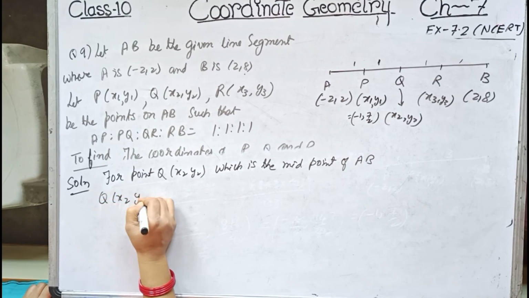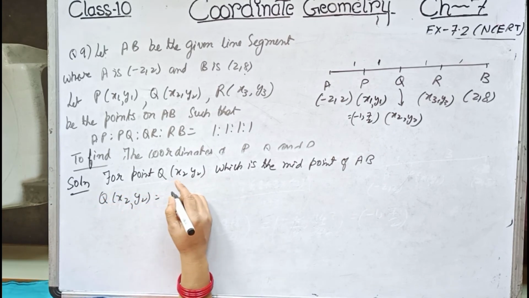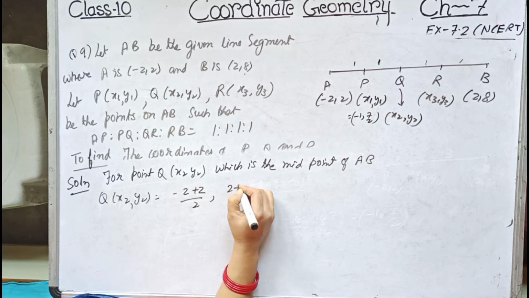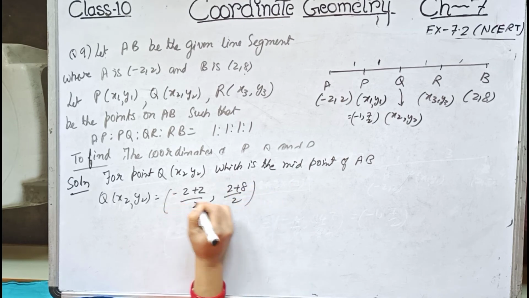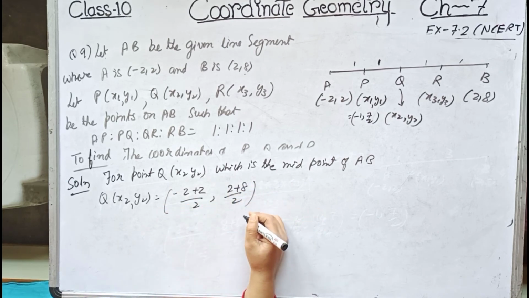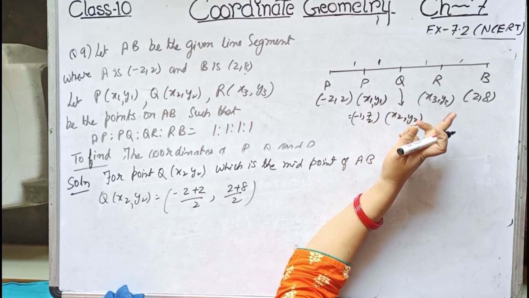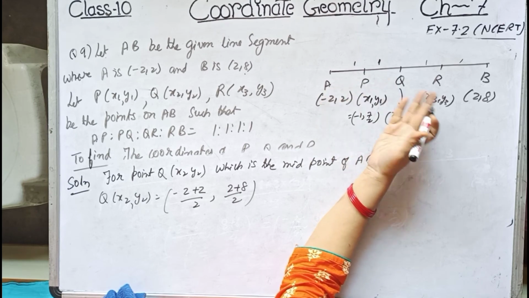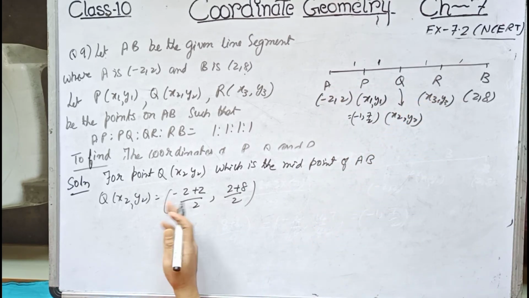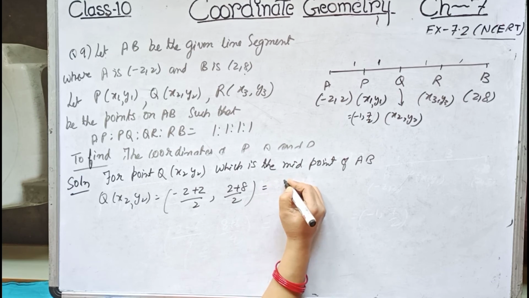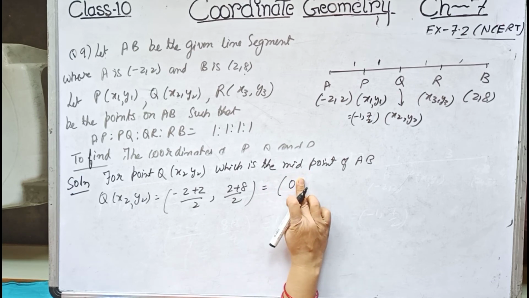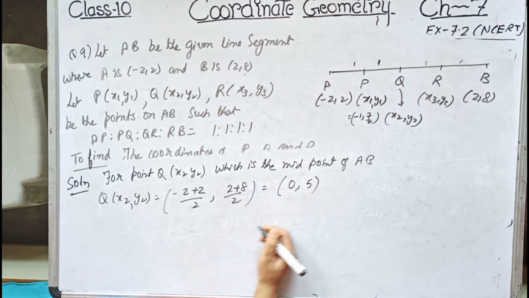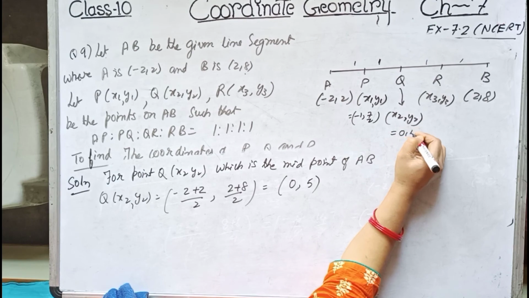Q (x2, y2), directly I am using the midpoint, so it will be equal to (-2 plus 2) by 2 and (2 plus 8) by 2. You can use the section formula as well, as for P also; Q is dividing AB in the ratio of 1:1, or 2:2. So by section formula also we can do it, but the easiest is midpoint only. So this will be equal to 0, and 2 plus 8 is 10 and 10 by 2 is 5. So 0, 5. So this point we have got as (0, 5).